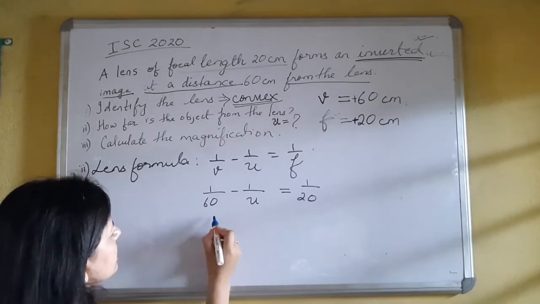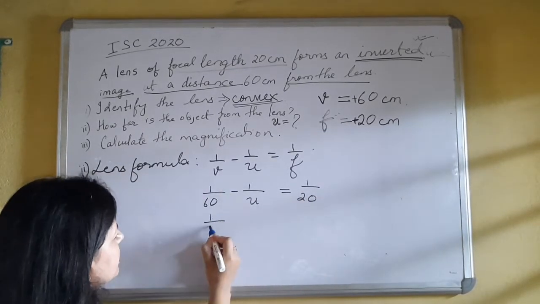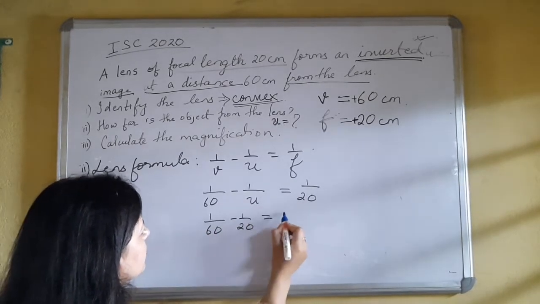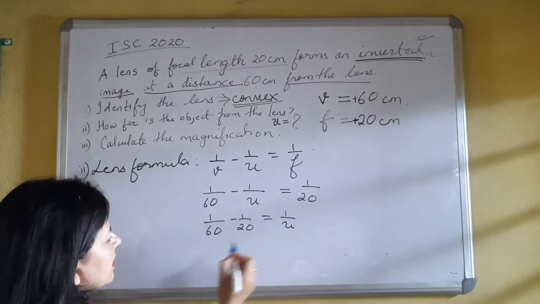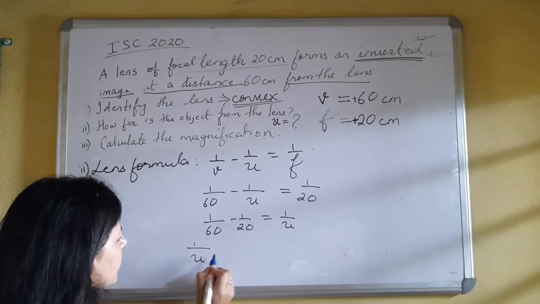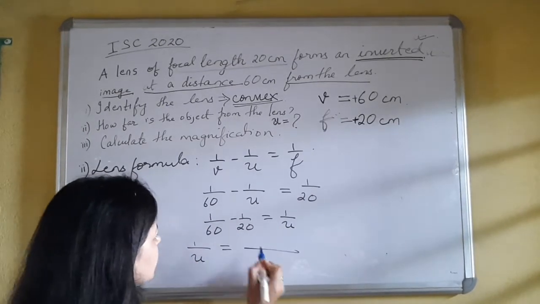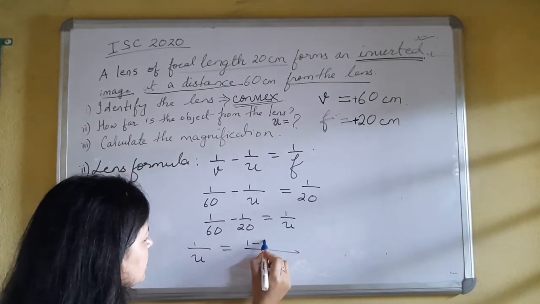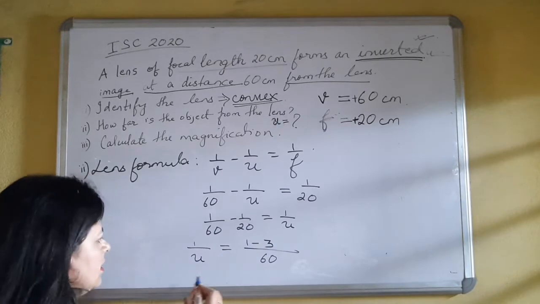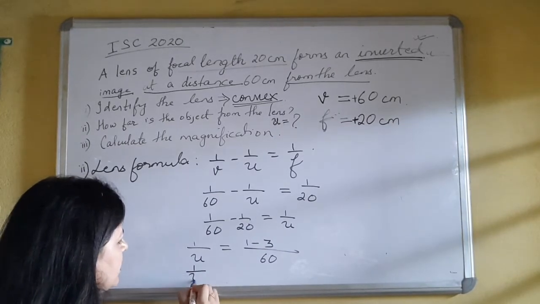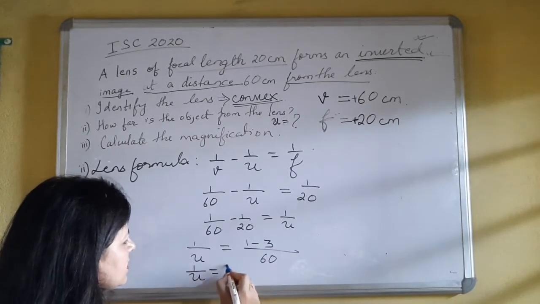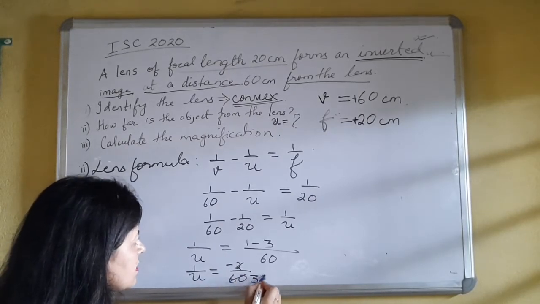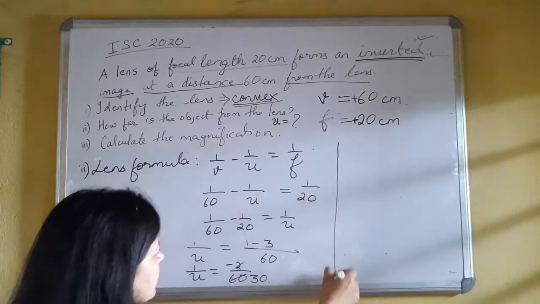Now solving it, I can bring this 1 by 20 here. 1 by 60 minus 1 by 20 is equal to 1 by u, taking this on the other side. Or I can write 1 by u is equal to, LCM of these two will be 60, 1 minus 3. So 1 by u will be equal to, 1 minus 3 is minus 2 by 60, which will be minus 1 by 30.